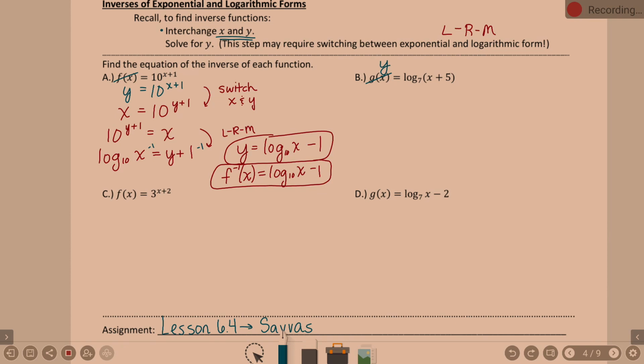What's this become? Y equals becomes x equals. Log base 7 of x plus 5 becomes log base 7 of y plus 5. My job is to solve for y. Where is my y? In the parentheses inside the log.